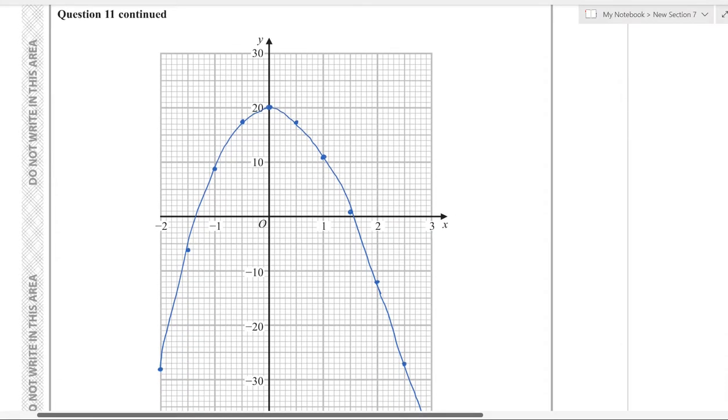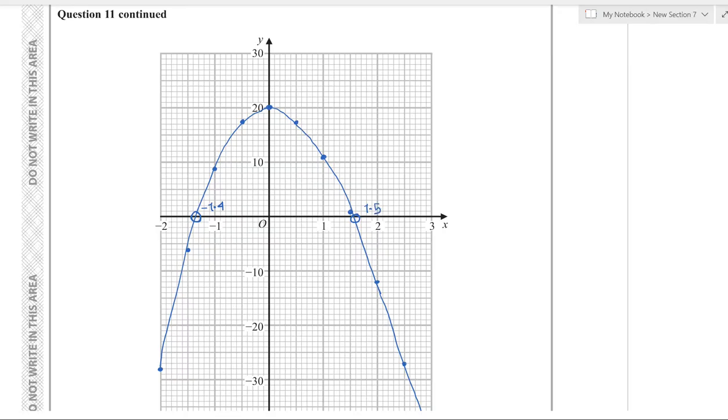Now move on to the graph, and you can see that at this x coordinate, f(x) is 0, and again at this x coordinate, f(x) is 0. We can see that it crosses at -1.4, and at approximately positive 1.5.